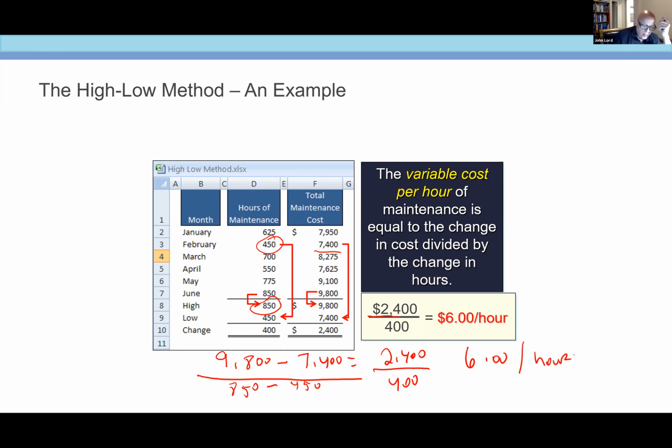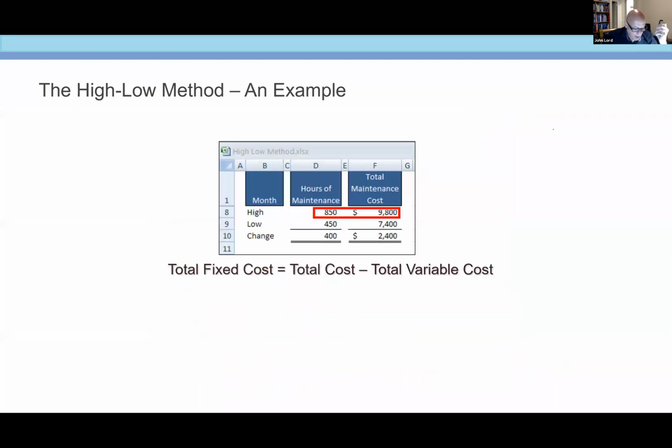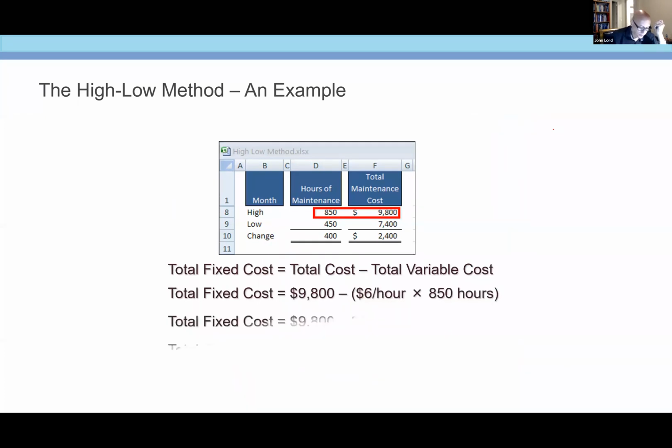That is my variable part of my overhead. Remember, I'm going for total cost, trying to create the formula: total cost equals variable cost times the number of hours, plus the fixed cost. So this is telling me the variable cost is 6. Now, once I figure out the variable cost is 6, I need to use the high or the low.